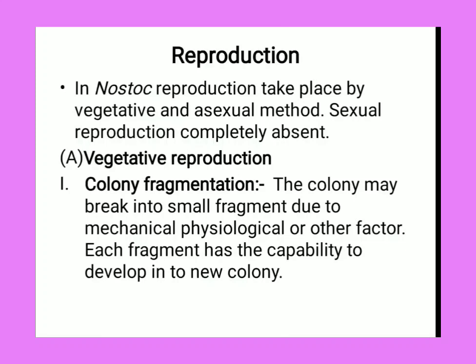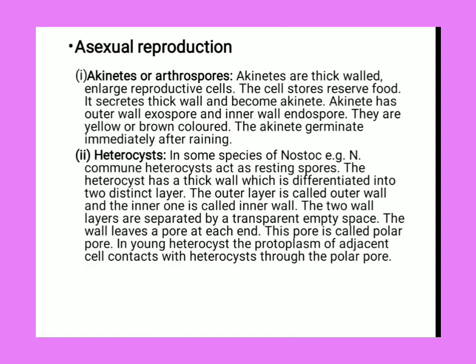One cell divides into other cells, and those cells divide many times and develop into a new body. It is known as vegetative reproduction. In colony fragmentation, the colony may break into small fragments due to mechanical and physiological or other factors, and each fragment has the capability to develop into a new colony.